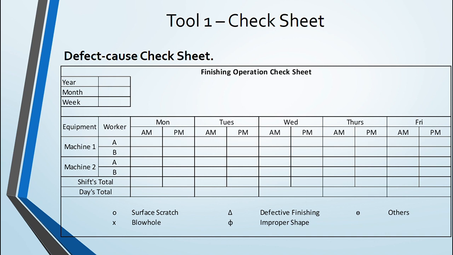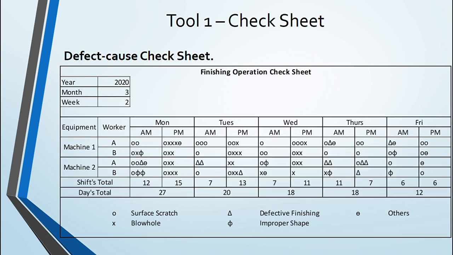Data of defect count will be collected such that it gets bifurcated between two machines performing the operation, two operators handling the machines, and two different parts of the working day, to see whether defect generation has any link with any of them. At the end of the week, the filled check sheet goes to the engineer and he observes some very important relations.